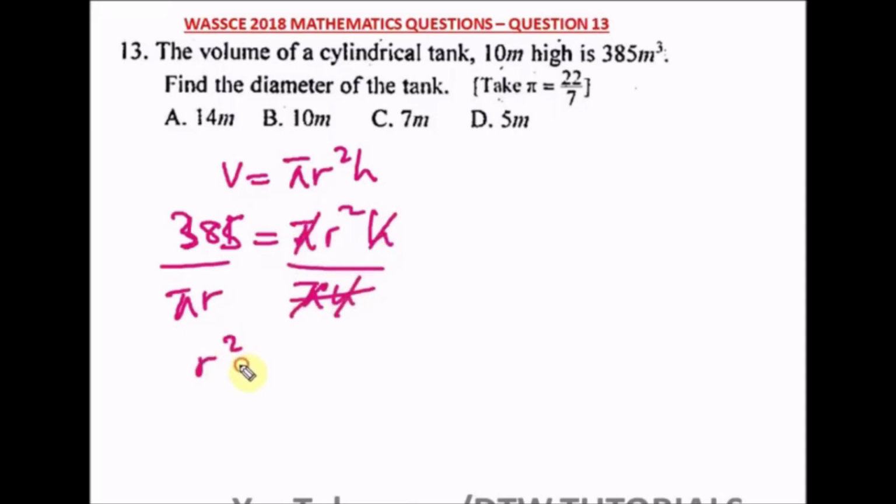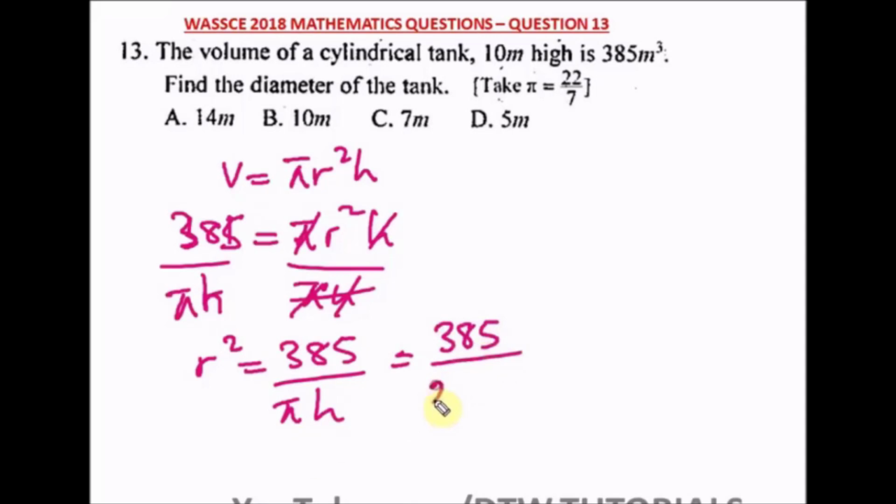So we are left with what? R square is equal to what? 385 divided by pi h, sorry, pi h. Okay, so what do we have here? We have 385 over what is pi? 22. Bring up 7. You know, pi is 22/7, so we just automatically bring up 7 here, because it's going to invert, times 10. All right, I hope you understand this.